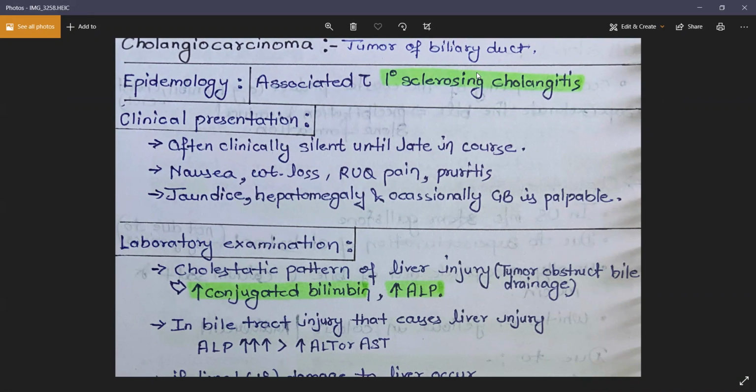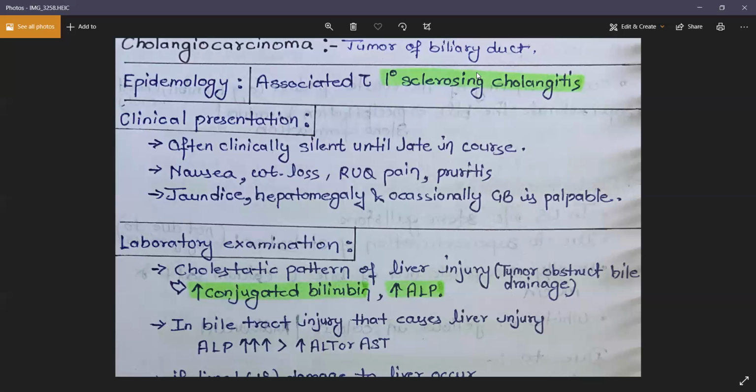Mostly the patient will be asymptomatic until the tumor becomes very advanced. Then the patient will have symptoms, and the symptoms generally include obstructive type symptoms, which means nausea, vomiting, right? And just like any other cancer, the patient can have weight loss, fatigue, anorexia. And because the bile tract is involved, the patient can also have right upper quadrant pain, right?